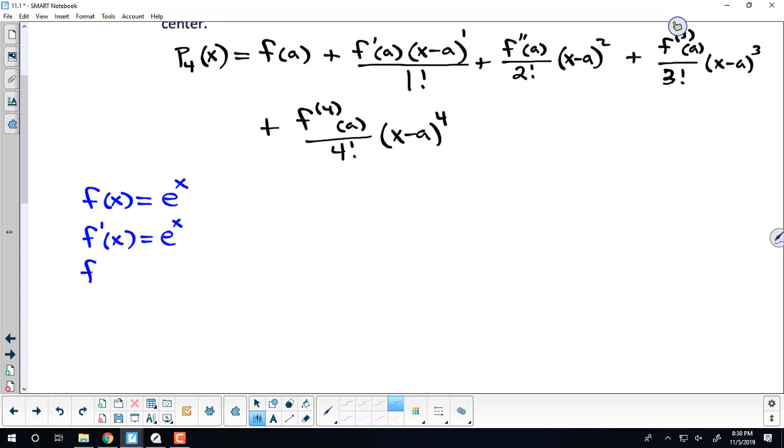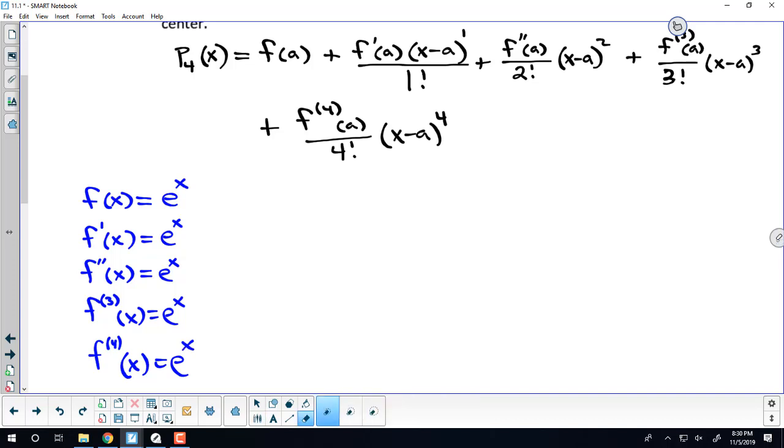We want to go out to the fourth derivative. So you need to find the derivatives, and then you need to evaluate all of those at the center value, a equals 0.